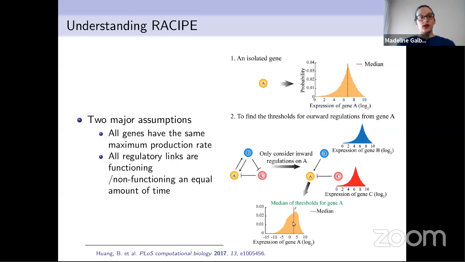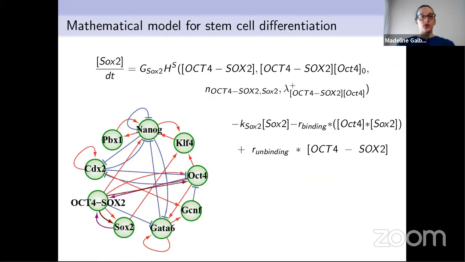And so if we're going back to our model for stemness, you typically have some sort of graphical representation like this, where you have many different genes together. So in the stemness circuit, you have 8 transcription factors and then 1 protein-bound complex. So the protein-bound complex is OCT4 SOX2, and the red links in this network indicate activation.